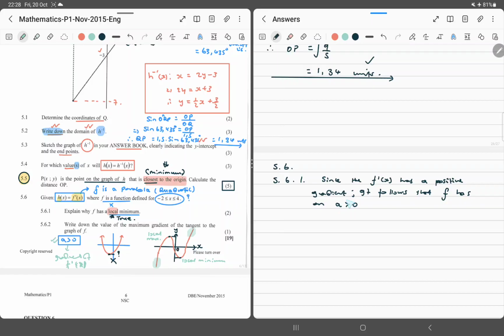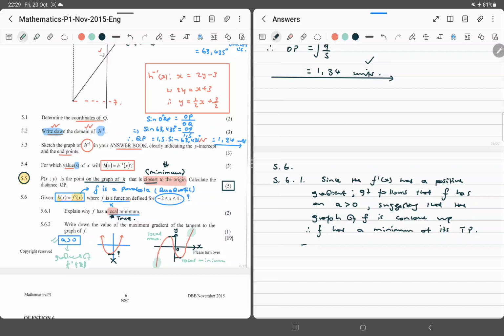And if a is greater than 0, the graph of f is concave up, because when a is greater than 0, it is concave up. Therefore, f has a minimum value at its turning point, or you can say at its lowest point, because the minimum value is the lowest point.